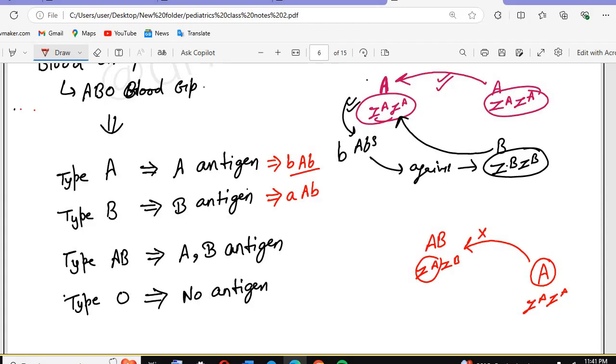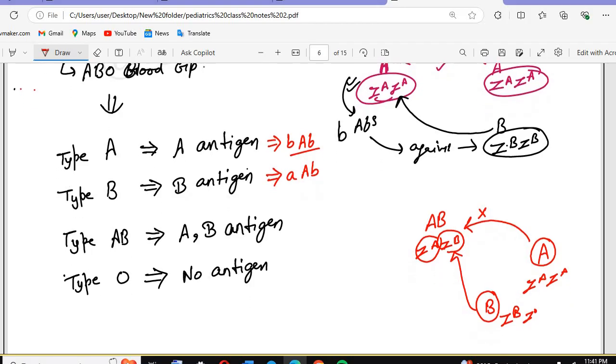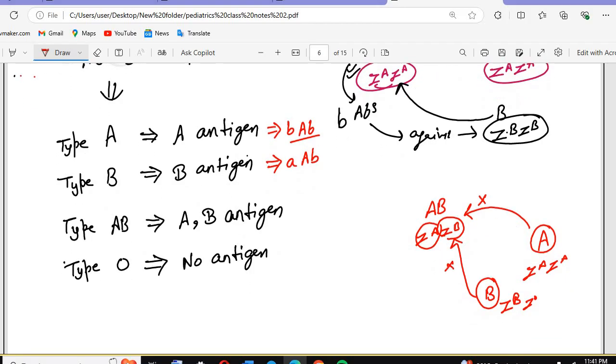The same way, if I am taking the blood from the B blood group, I also have the same antigen as the B blood group has. So I will not make any antibody. I can take the blood from the A antigen as well as from the B antigen, and no antibodies would be formed.